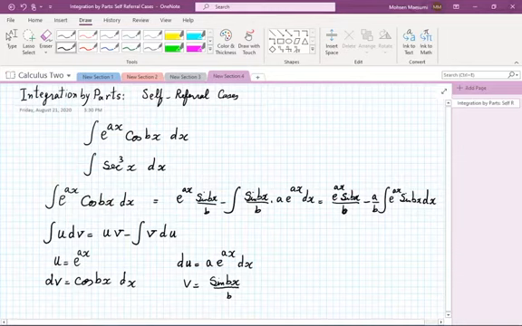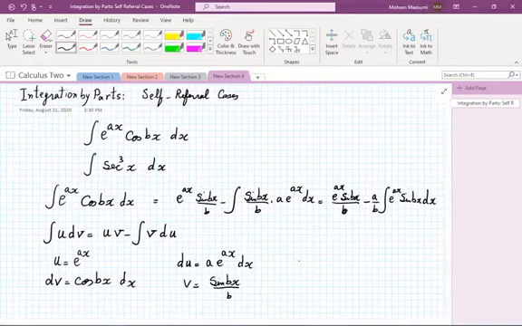At first sight, it might look like we are stuck in a cycle and not going to get out of it. But in fact, we are going to have this expressed in terms of itself. That's why it's called self-referral. The integral is going to be connected to itself, and that's essentially what's going to give us the final value.